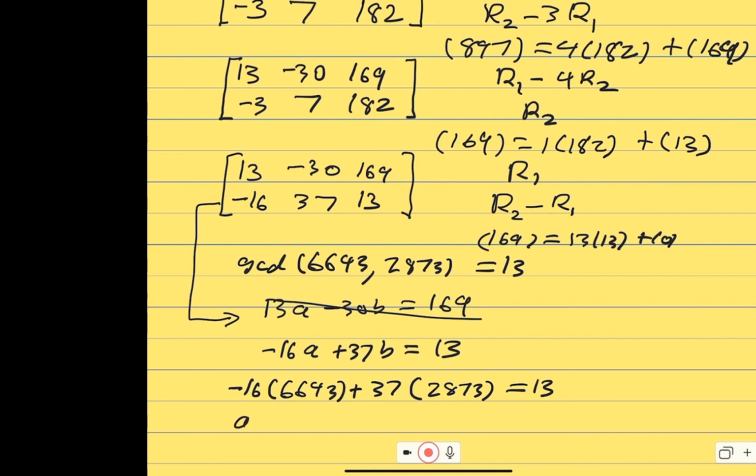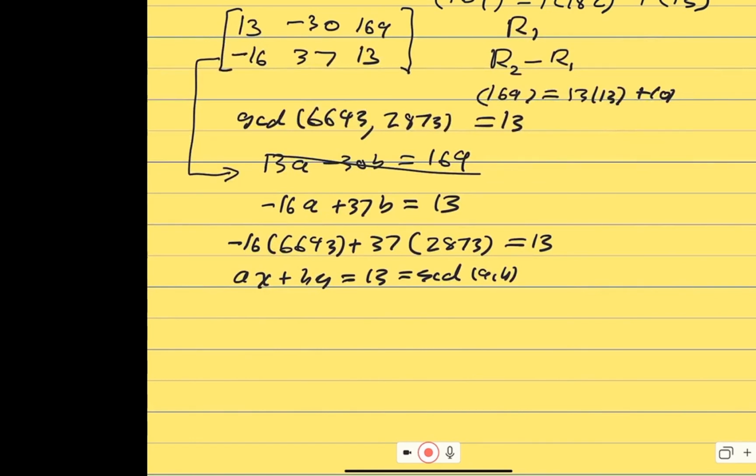So in ax plus by equals 13, which is the GCD of a and b, this will work with x equals minus 16 and y equals 37.